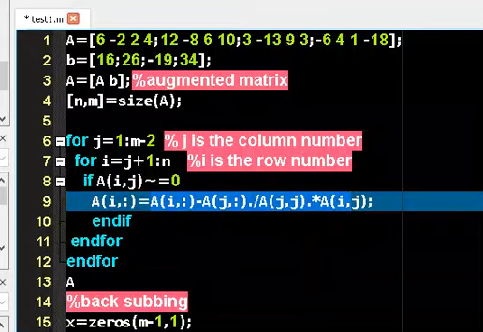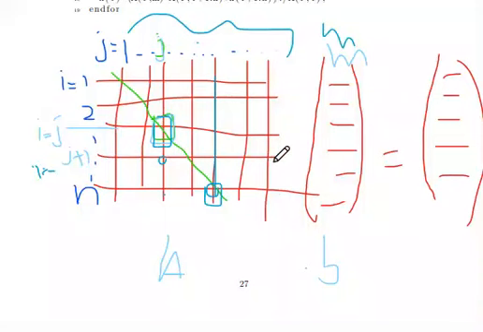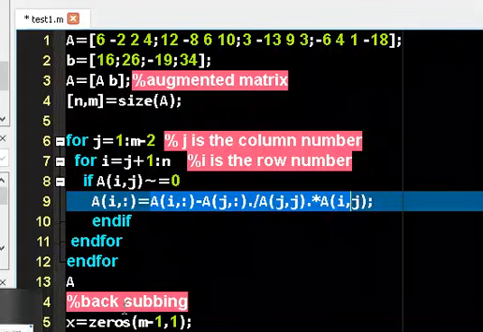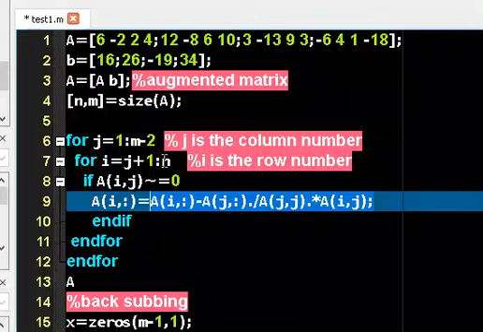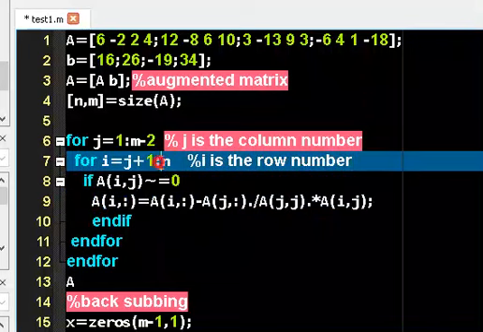Then the ith row is replaced by the resultant one. When you simplify this, you get 0 here. You do the same for other rows, other elements here. So then you can make these elements equal to 0. This goes up to n number of rows.